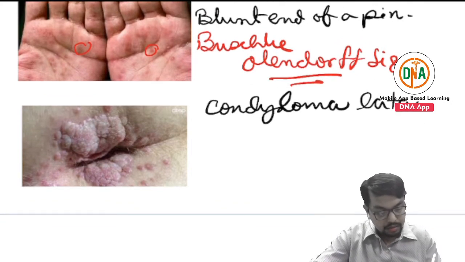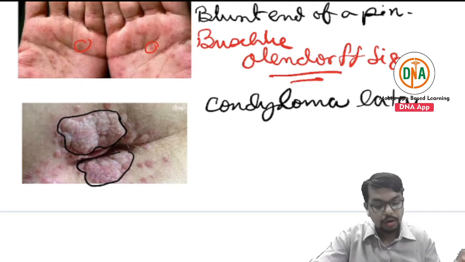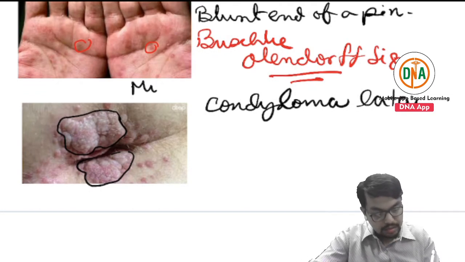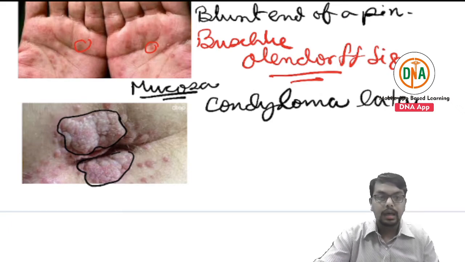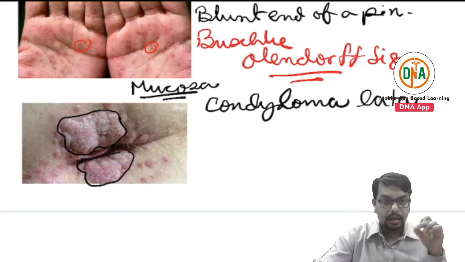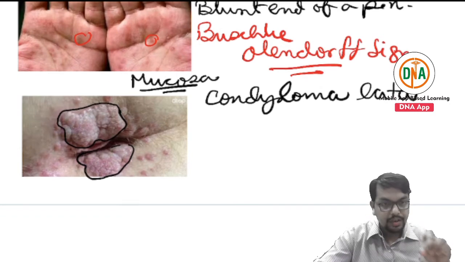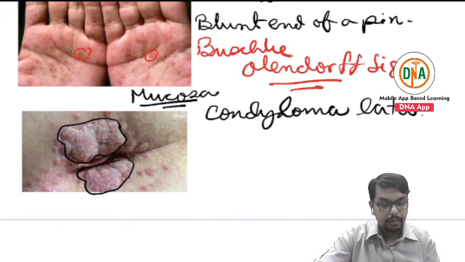Here you will get a flat surface. The genital mucosa is involved and the lesion is flat. Whereas in condyloma acuminata you will get a projected surface. Finger-like projection is there, hence the name acuminata.